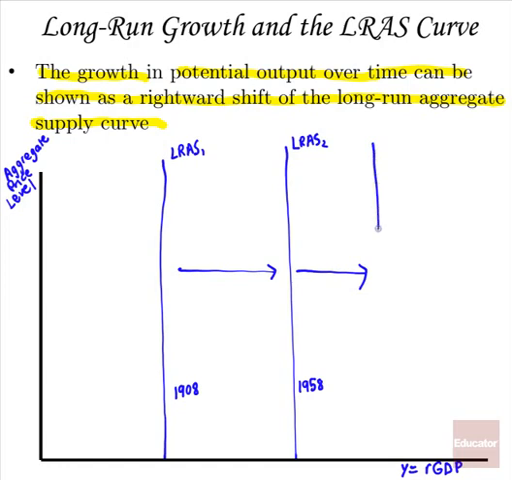Maybe I won't put as much of a shift here, because it indicates that the period between 1908 and 1958 was perhaps a time of more growth, relatively speaking, than 1958 to 2008. So this would be LRAS3. It really is this rising productivity, by whatever means, that grows the economy, and not what we've talked about, shifting the aggregate demand.